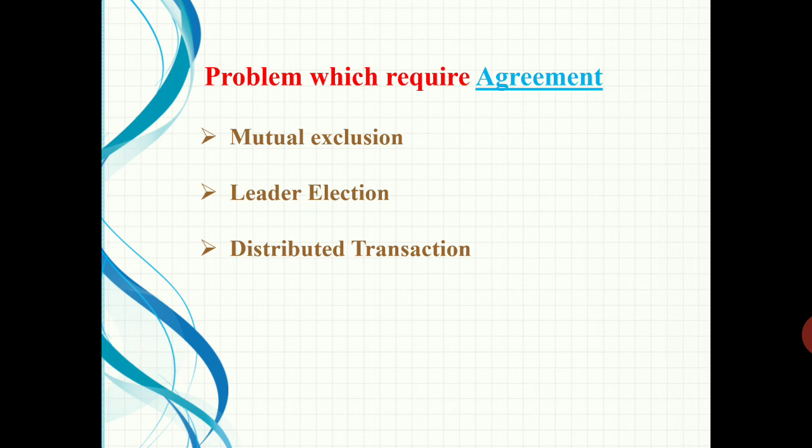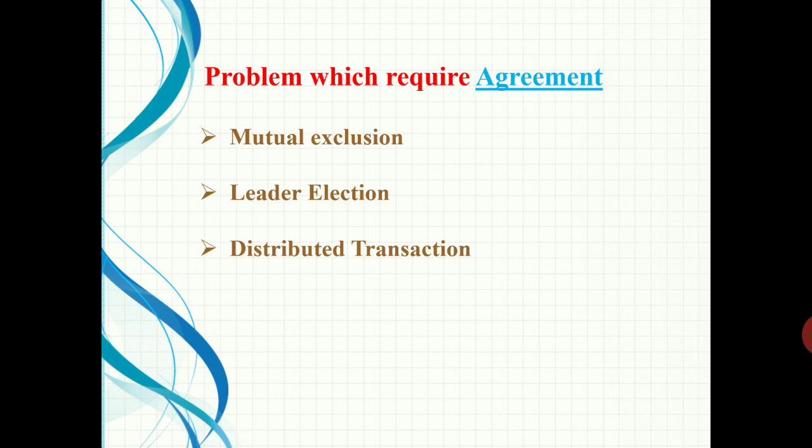The agreement is always required to achieve a common goal in the distributed system, whether it is mutual exclusion, election of a coordinator, or making a decision whether to commit or abort the transaction.